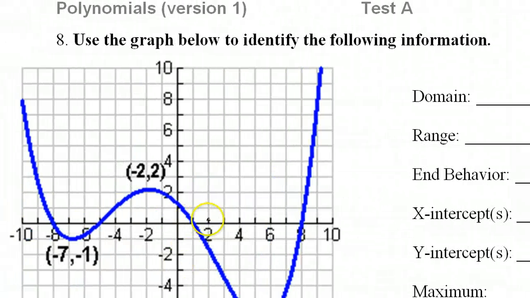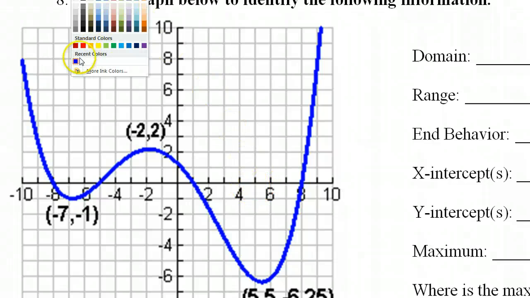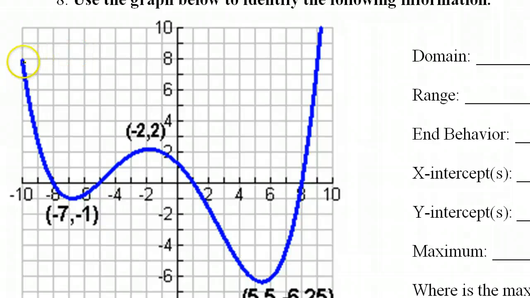Alright, let's talk about this graph. Now, please understand that the idea is that this goes forever in this direction. Okay, and this also continues forever like so. It doesn't stop. It just runs off the graph.